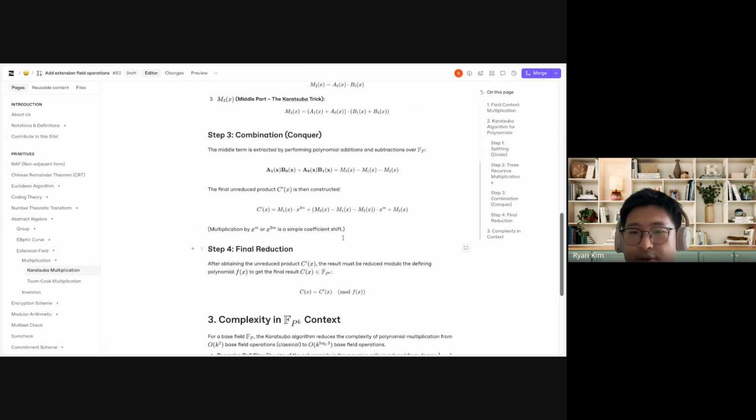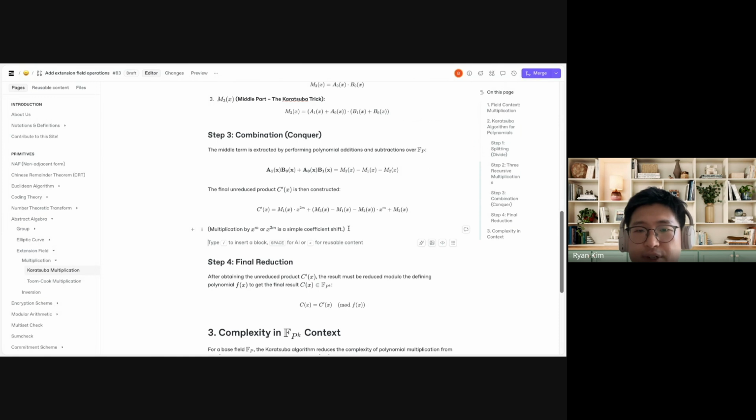So if it is a quadratic extension field, the answer after step 4 will be something like M1 plus the non-residue times M2 in the constant term, and M3 minus M1 minus M2 in the linear term. This will be the answer of the multiplication.